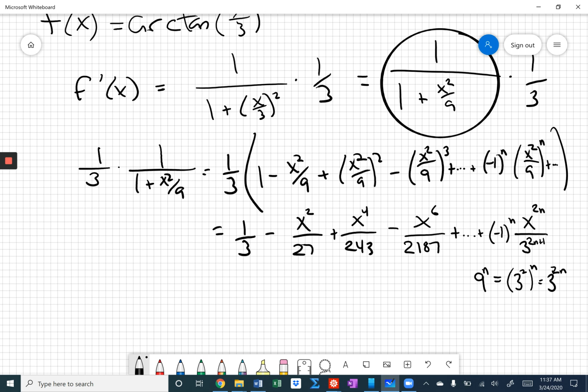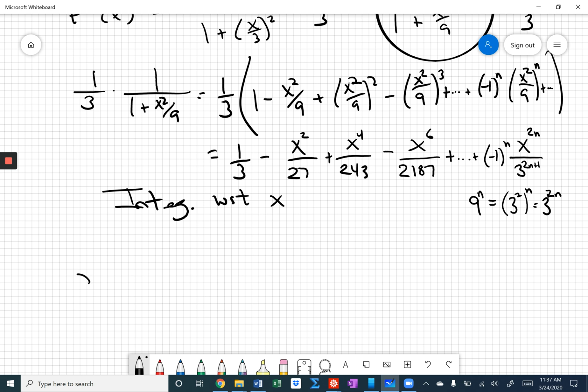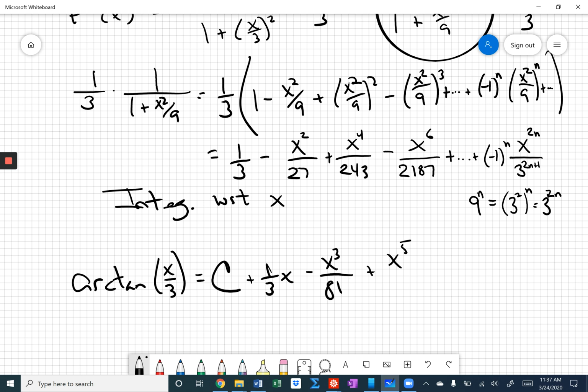So now I need to integrate both sides with respect to x. And so I already know the antiderivative of this is going to be arctangent of x over 3, because that's how I generated that side anyways. And then I'm going to get a constant of integration. And then 1/3 x minus x cubed over 81 plus x to the 5th over 243 times 5, which is 1,215.